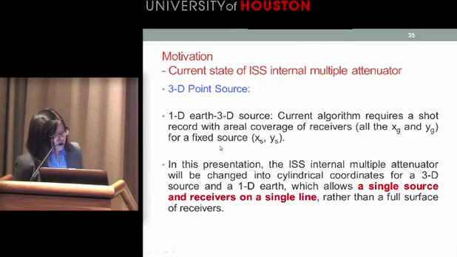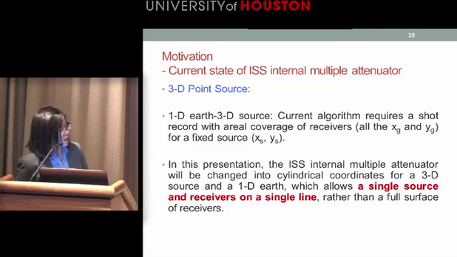So in summary, for this part, 1D Earth 3D source: the current algorithm requires a shot record with area coverage of receivers, which means all the xg and yg for fixed source, xs and ys.